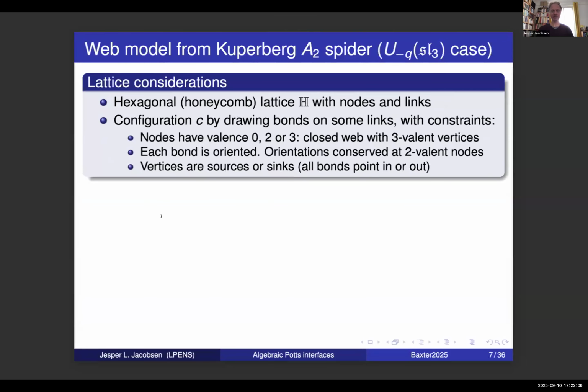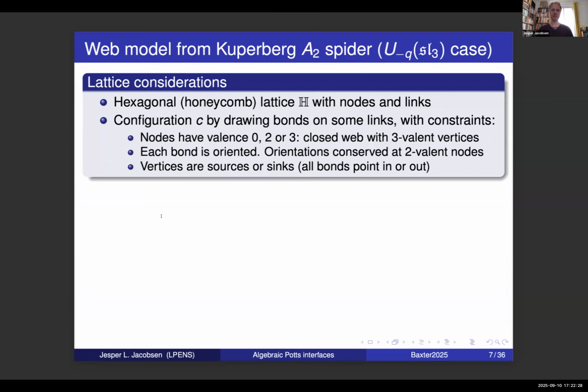So let's see now how we can define a statistical model based on this algebraic ingredient. So as before, we take a hexagonal or a honeycomb lattice with nodes and links. And then we want to draw a configuration on top of it. And in that configuration, nodes can have valence 0, 2, or 3.